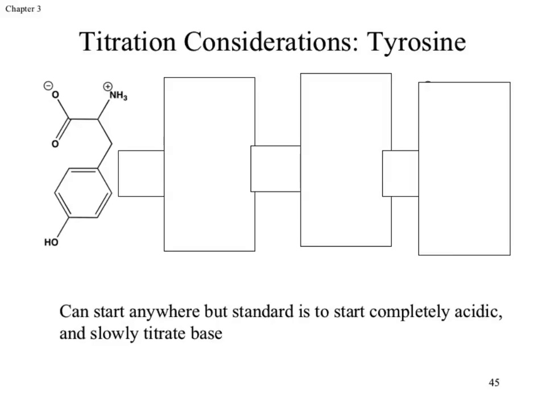When we're starting a titration curve, we very typically start at the low pH and we titrate in base. That is not the appropriate structure to start with if we're starting at low pH. If we're at low pH, what should our structure look like?